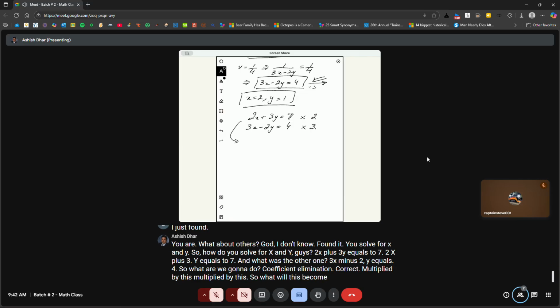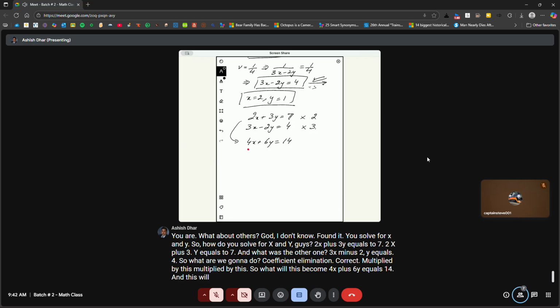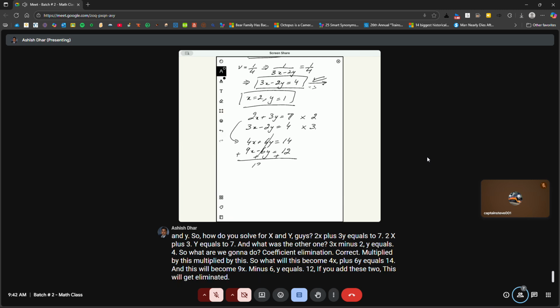So what will this become? 4x plus 6y equals 14. And this will become 9x minus 6y equals 12. If you add these two, the y terms get eliminated. 13x equals 26, so x equals 2.